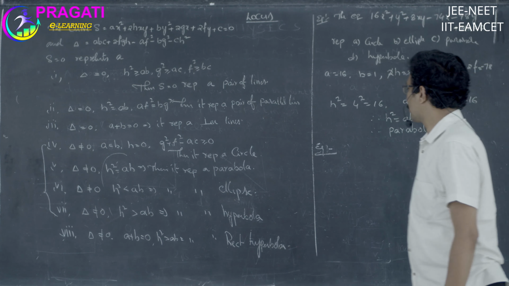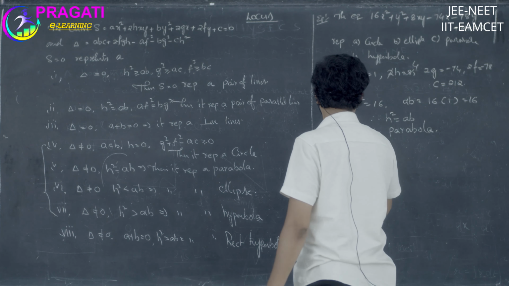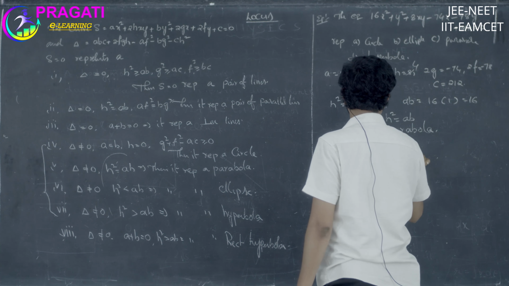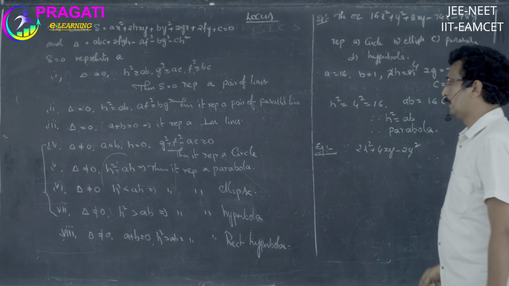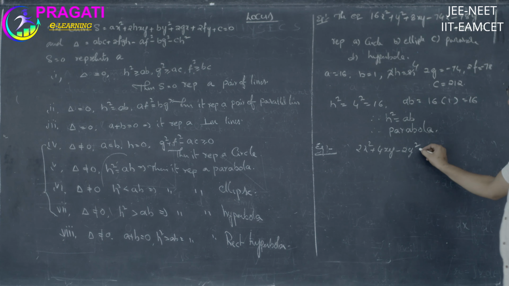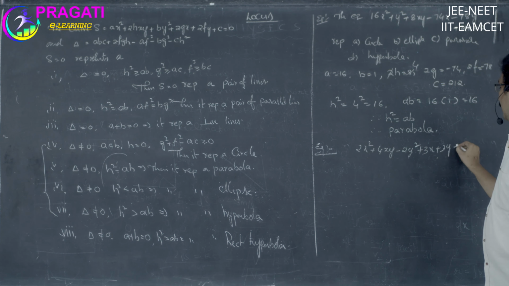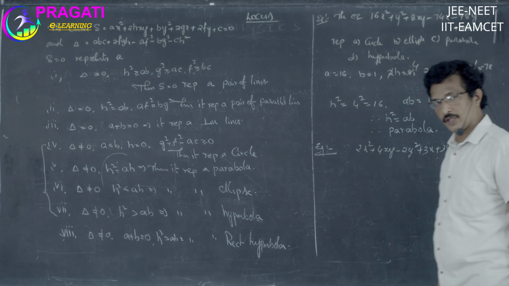And right, one more example is 2x square plus 4xy minus 2y square plus 3x plus 3y plus 1 equal to 0.